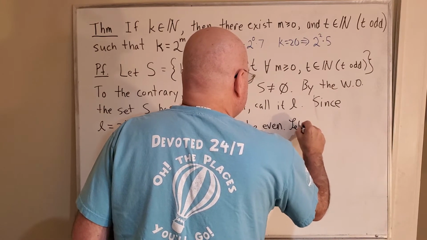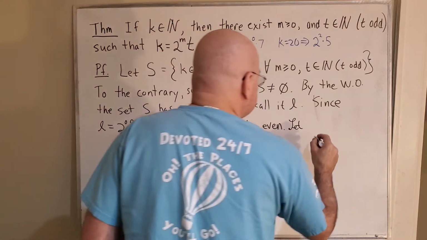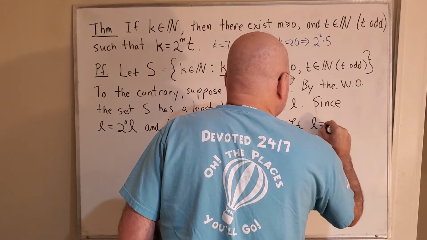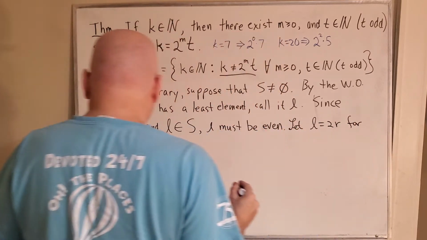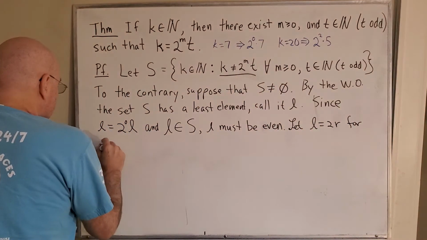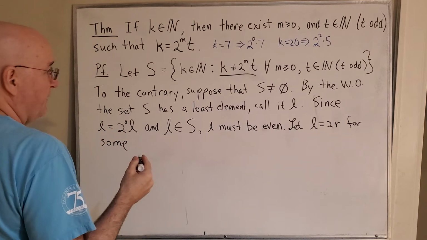By definition of even, let's let L equal 2R for some R in the natural numbers.